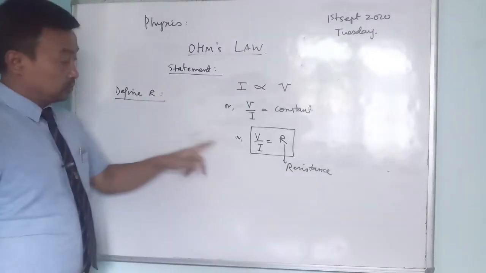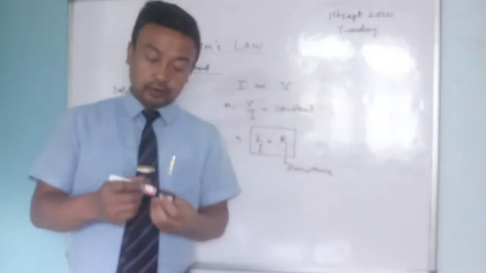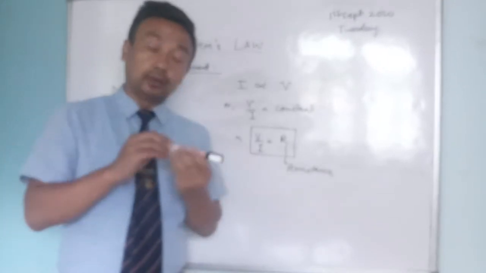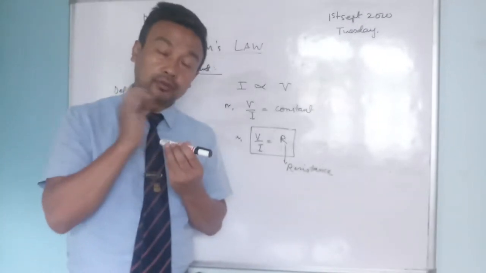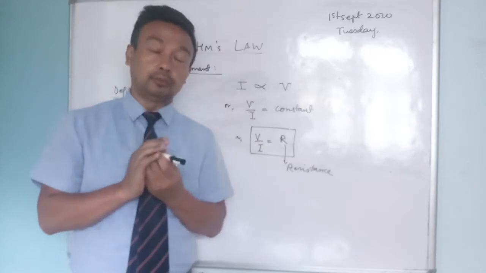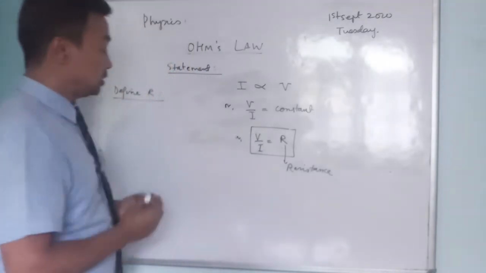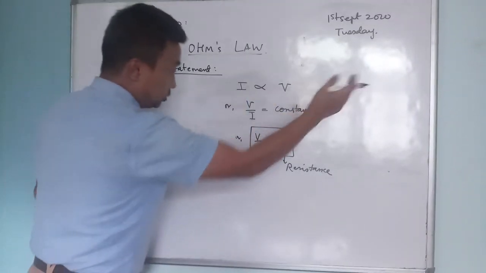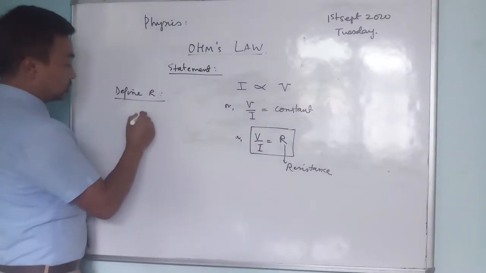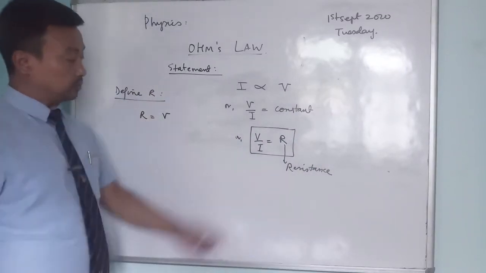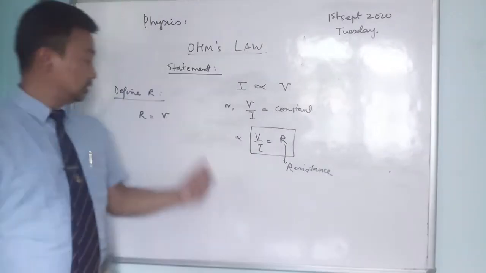Now if in a conductor you flow 1 ampere of current, ampere being the unit of current, keep in mind, when a unit current is flowing through the conductor, this I becomes 1.